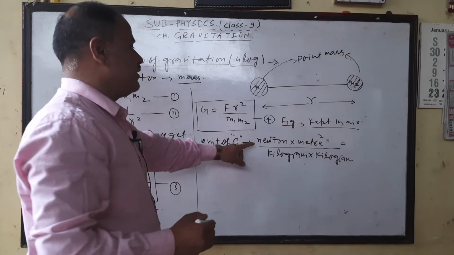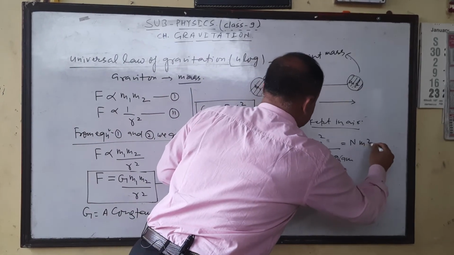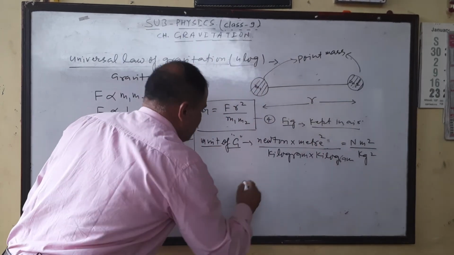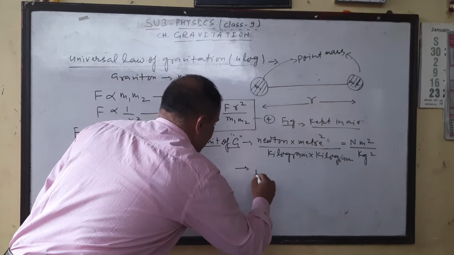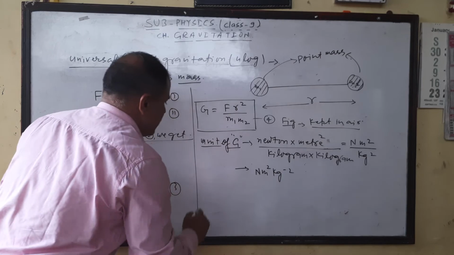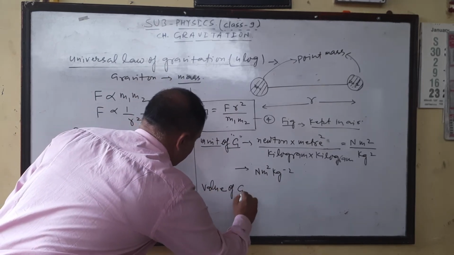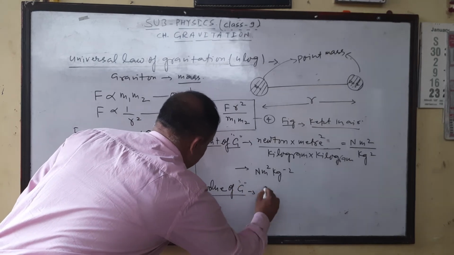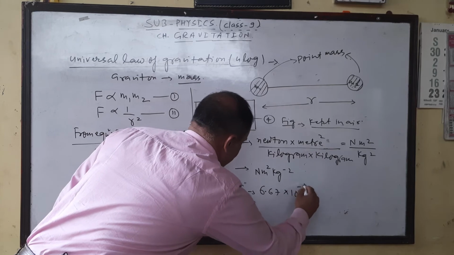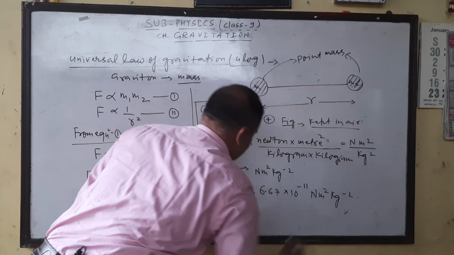Denoting Newton as capital N, we get N m square by kg square. So the unit of capital G is Newton meter square per kg square, and the value of capital G is 6.67 into 10 to the power minus 11 Newton meter square per kg square.